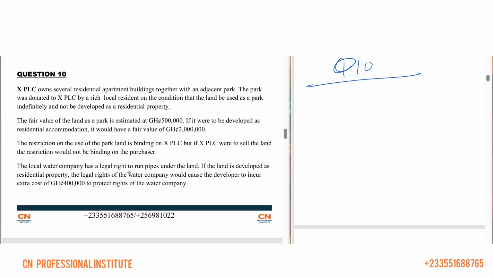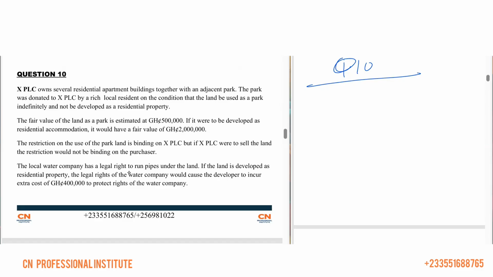The fair value of the land as a park is estimated at 500,000. If it were to be developed as residential accommodation, it will have a fair value of 2 million. The restriction on the use of the park land is binding on X PLC, but if X PLC were to sell the land, the restriction will not be binding on the purchaser.